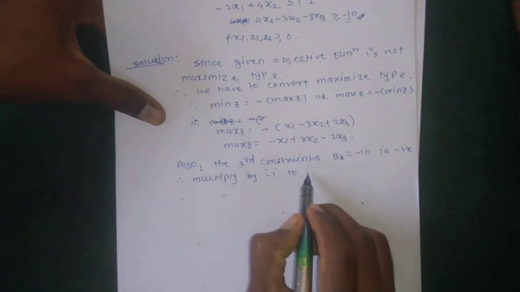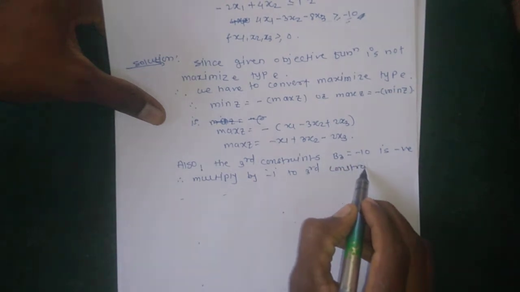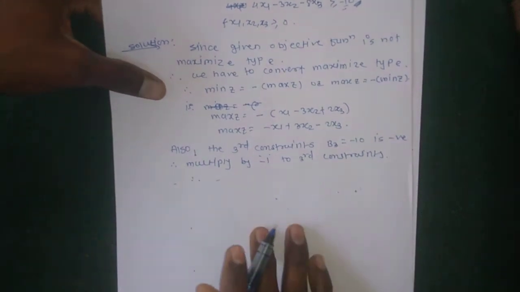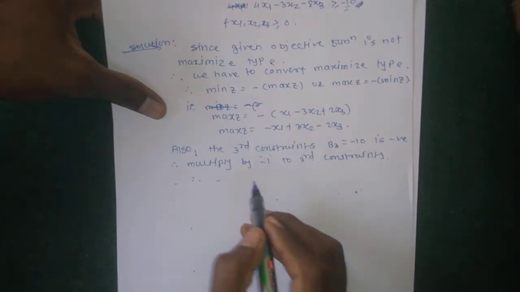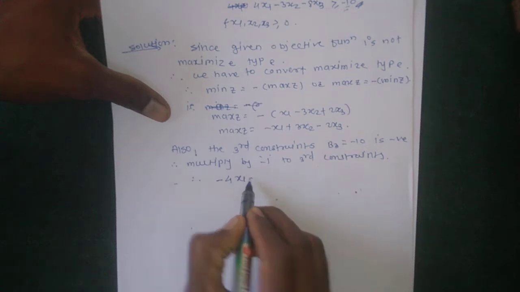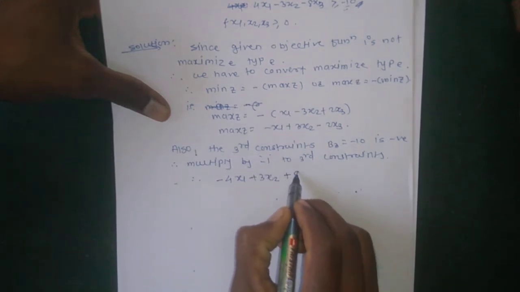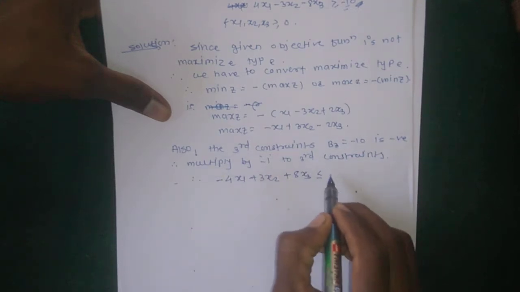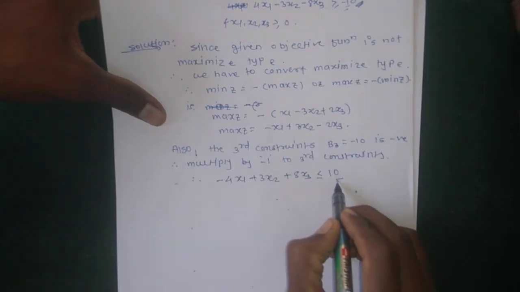Therefore the greater equal converts to less equal. Multiplying by minus 1 we get minus 4x1 plus 3x2 plus 8x3, the greater equal becomes less equal type, and minus 10 into minus 1 is 10.